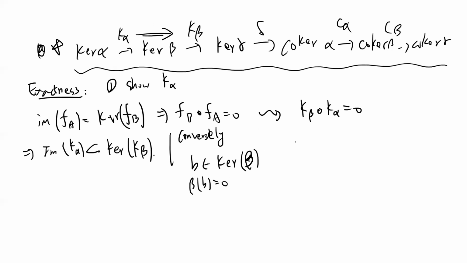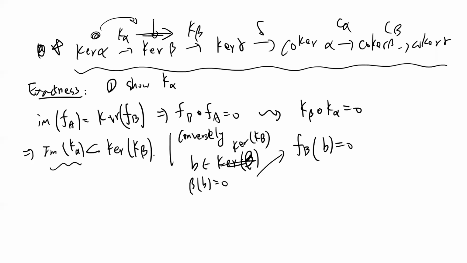You hope to show that there exists something in K alpha that maps to B. By definition, K beta B is 0, and K beta is just the map F B, so F B of B is 0.